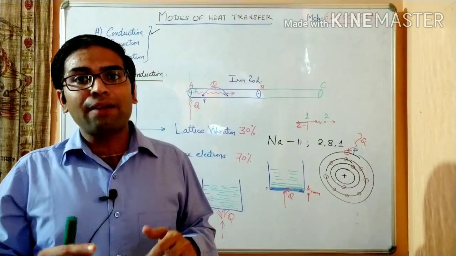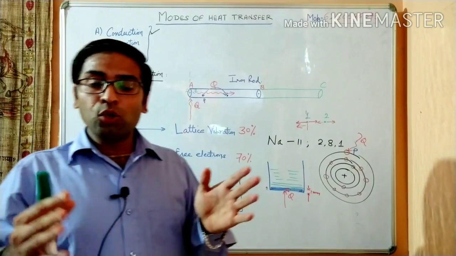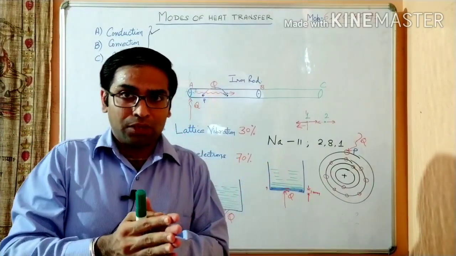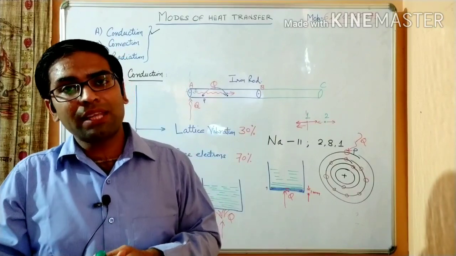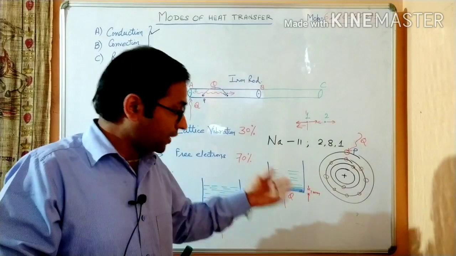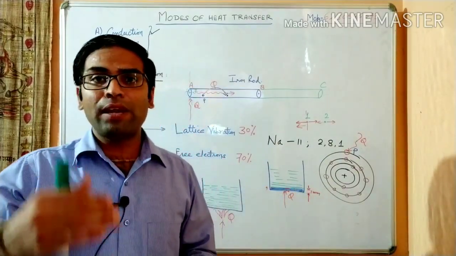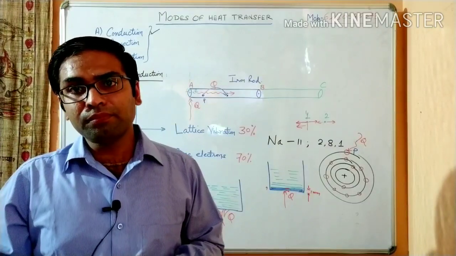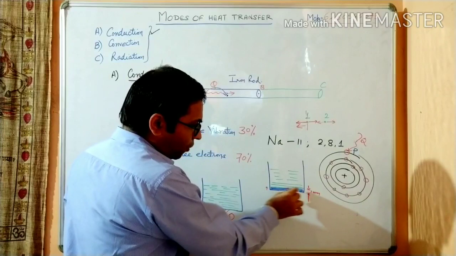Because I have recently explained in conduction that when two bodies are in direct physical contact with each other, conduction takes place. Similar thing will happen here also. The conductive mode of heat transfer will work between the inner surface of the utensil and the very first layer of the liquid. Now see, the heat has entered into the first layer of the liquid.